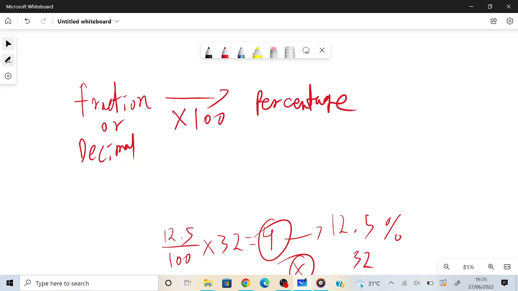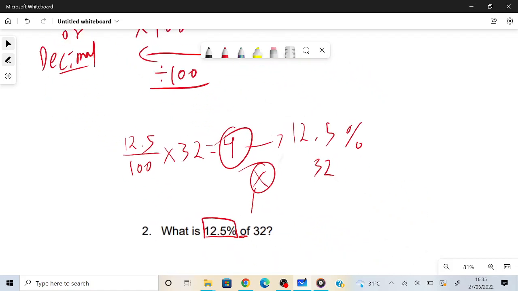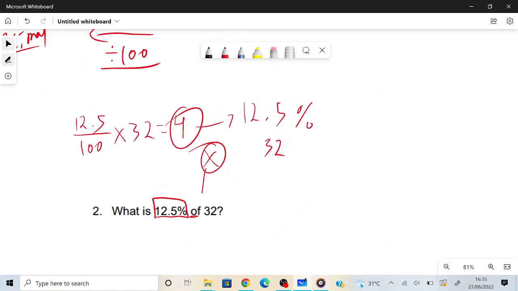But if you're going the other way around, if you want to go from percentage to fraction or decimal, you simply divide by 100. And in this case, that's what we're doing, dividing our percentage by 100, because it said, what is 12.5% of 32? Divide this by 100, you get 12.5 over 100, times it by 32, and you get 4. And that is the final answer for that question.